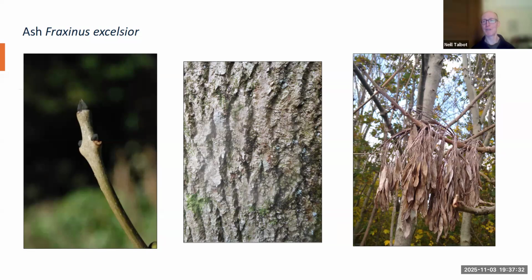And then, as mentioned previously, there are the ash keys, which are very different to the fruits of a lot of other trees, where you've got the helicopters that consist of two seeds rather than multiple seeds in one bunch.